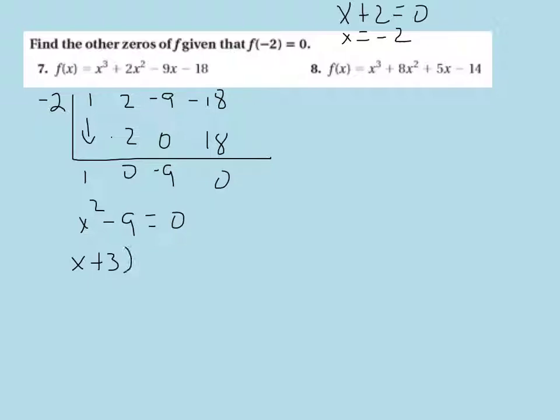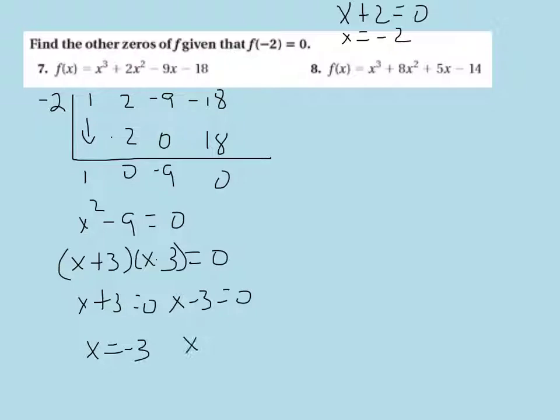So x plus 3, x minus 3. So x plus 3 equals 0, x minus 3 equals 0, x equals negative 3, x equals 3. So you have x equals negative 3, negative 2, and 3.